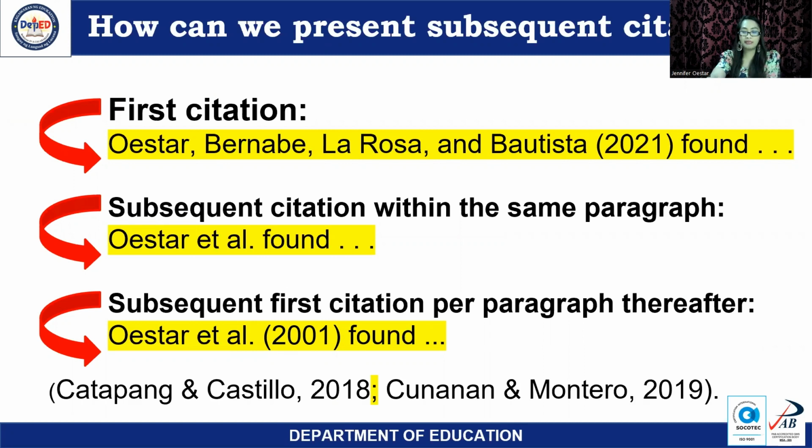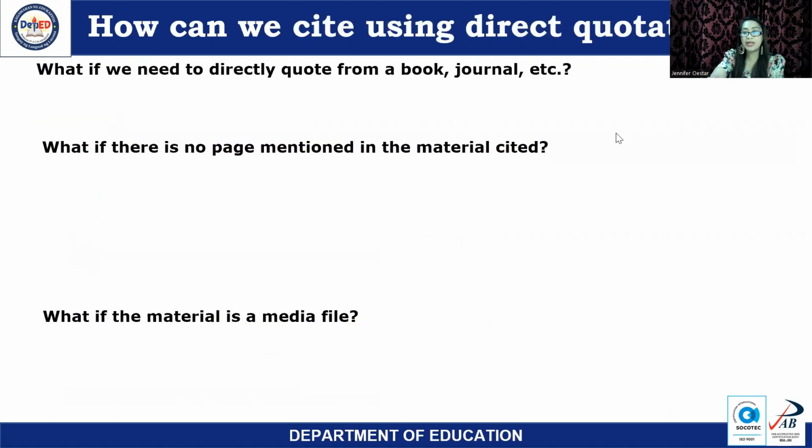What if we have the parallel citation? Katapang and Castillo, 2018, semicolon, Cunanan and Montero, 2019. How can we cite using direct quotation? As you remembered, we have three ways on how to avoid the cardinal sins of plagiarism.